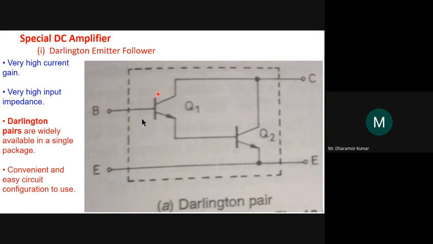This pair is very common and very popular, and these are made available in a single package to be used in circuits. They are very simple and convenient to use, because look at this circuit: a very simple, straightforward circuit.